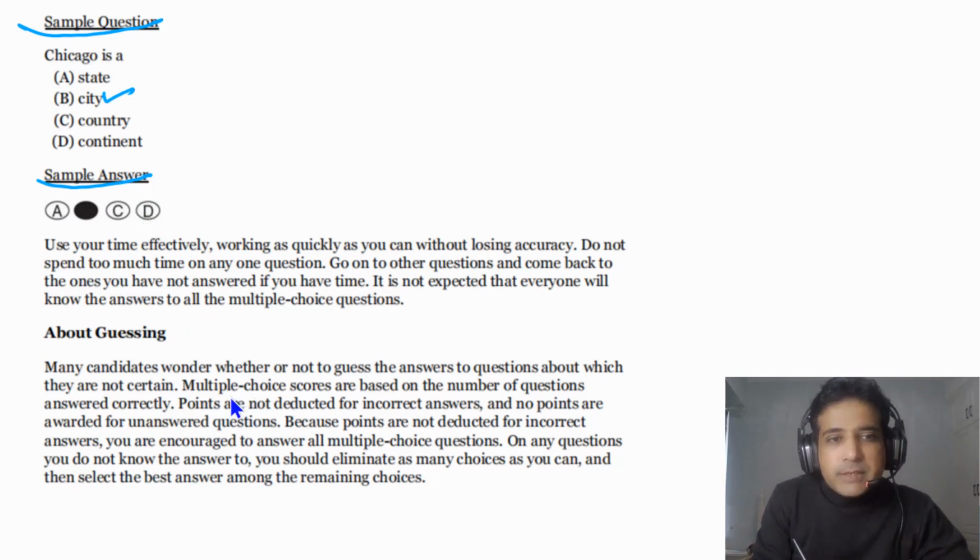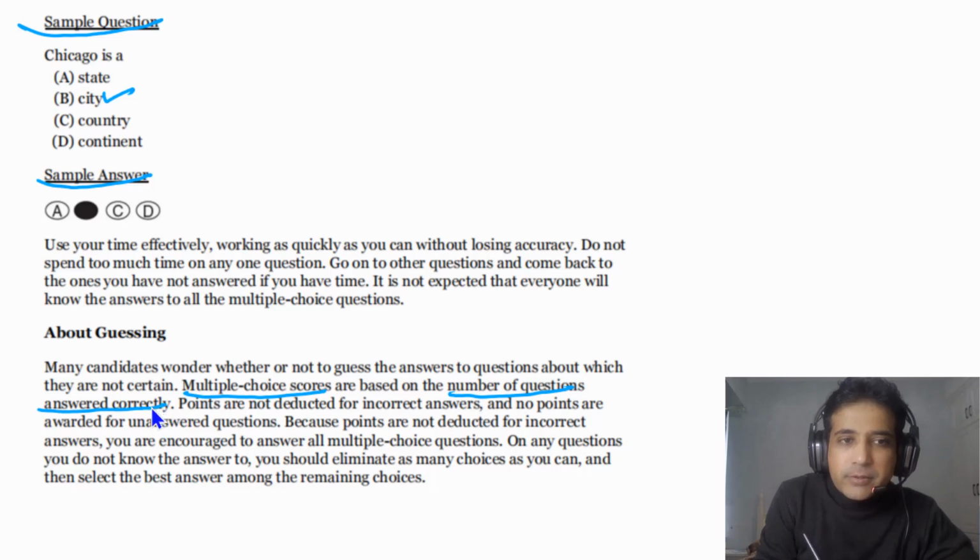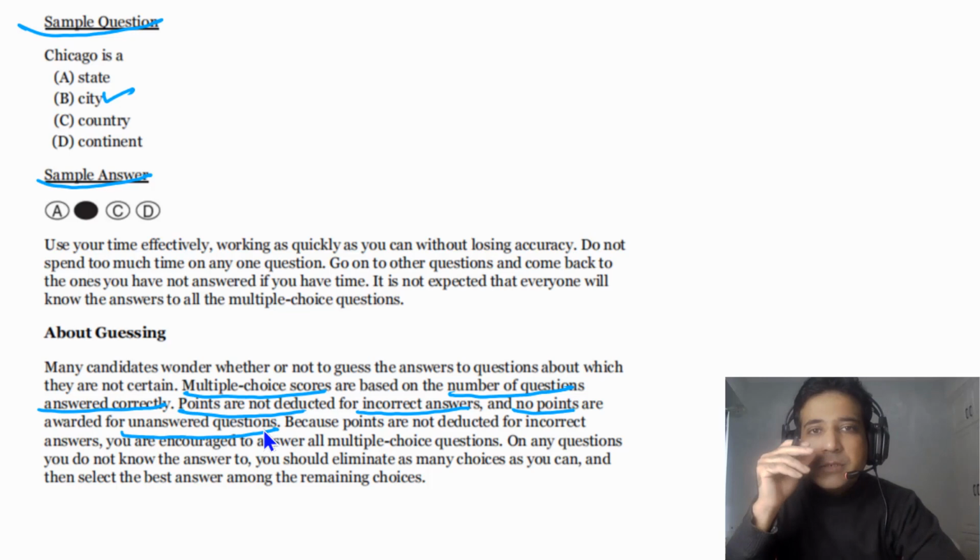For this exam, multiple choice scores are based on the number of questions answered correctly. It means you can guess. Points are not deducted for incorrect answers and no points are awarded for unanswered questions. So it is very good if you try to answer all the questions.